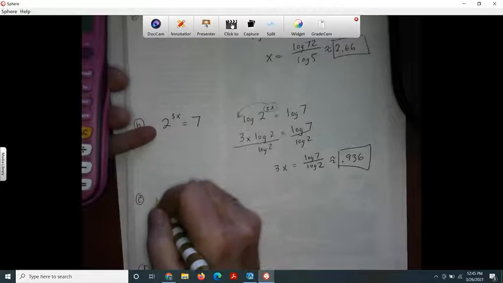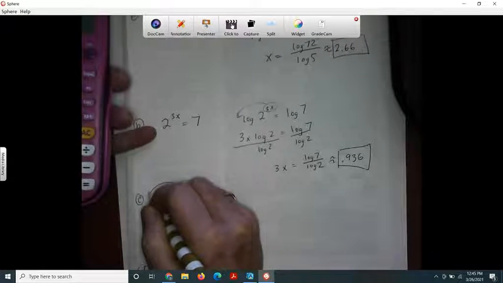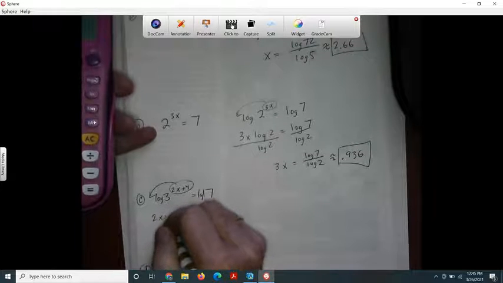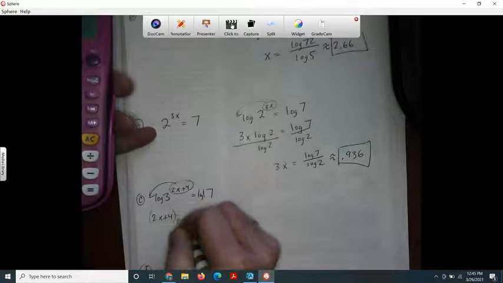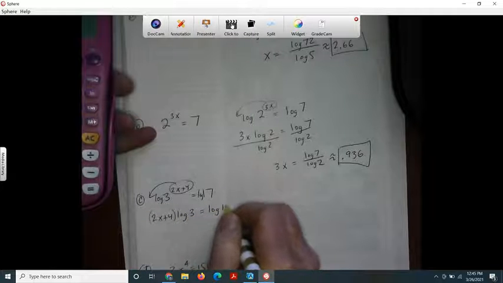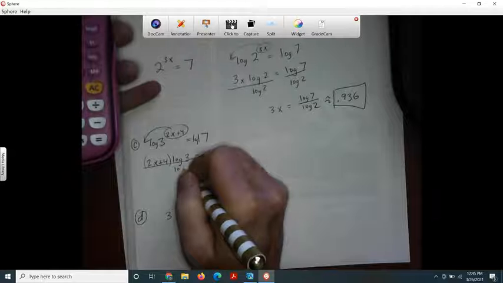This one, you're going to log both sides again. And so you'll end up with 2x plus 4 times log 3 equals log 17. Divide both sides by log 3.